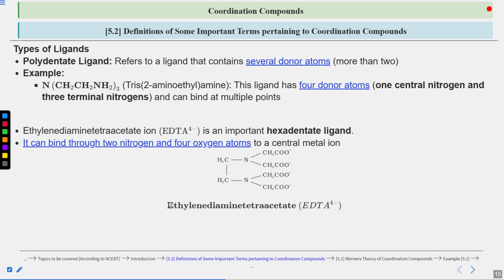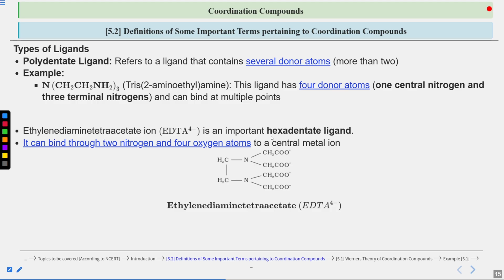You can see the diagram for ethylenediaminetetraacetate, that is EDTA 4 negative, where each nitrogen is connected with 2 CH2COO negative groups, and the nitrogens are connected with each other by a CH2-CH2 link.